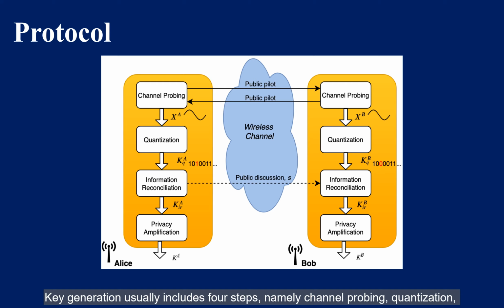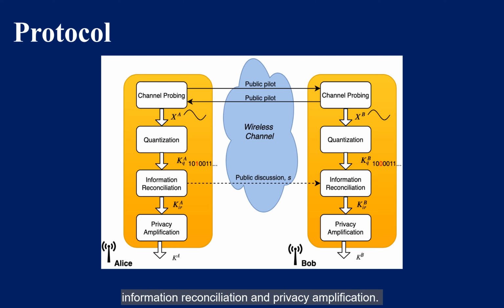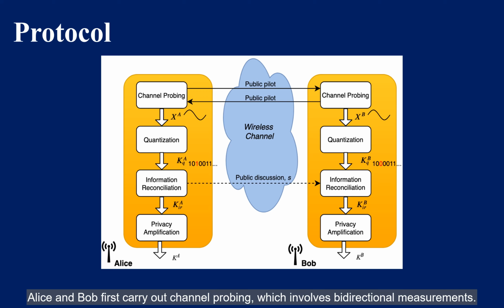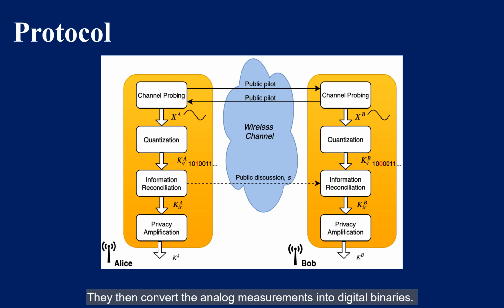Key generation usually includes 4 steps, namely channel probing, quantization, information reconciliation, and privacy amplification. Alice and Bob first carry out channel probing, which involves bidirectional measurements. They then convert the analog measurements into digital binaries.